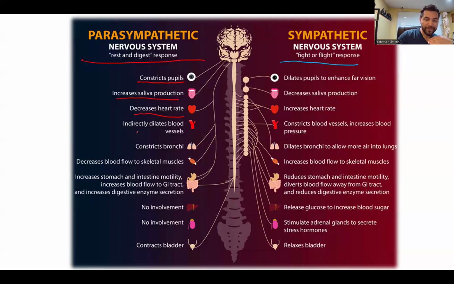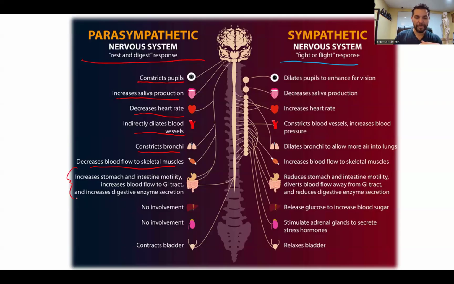It indirectly dilates blood vessels, so your blood pressure is going to go down, and we'll elaborate on that. Your respiration decreases, with constriction of bronchi. We don't need as much air coming into the lungs. We're not doing crazy stuff. We don't need a lot of blood flow to skeletal muscles because we're not doing a ton of movement.